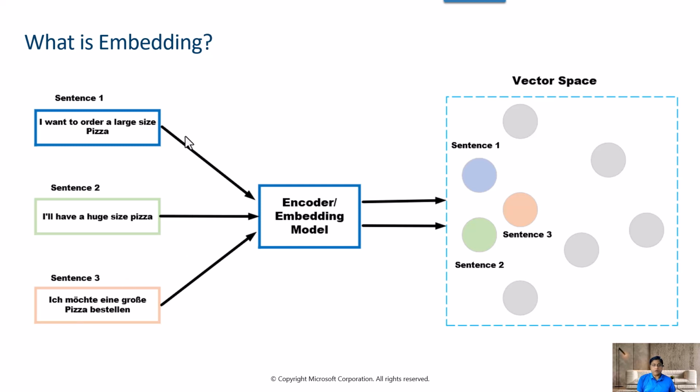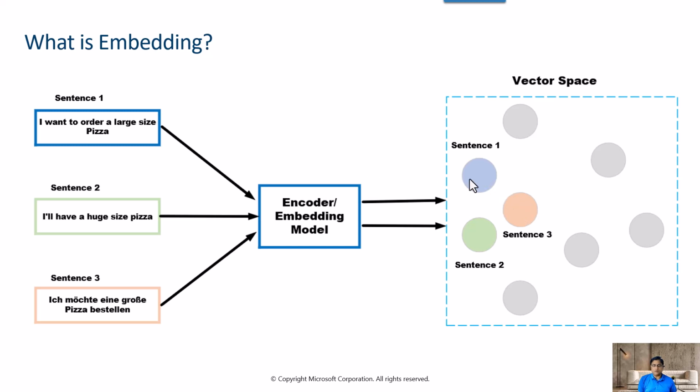Then I want to find out the answer from this. These are the chunks, right? How do I place the data coming from these 3 sentences in a particular area in your vector space? So this is your vector space. In that vector space, I want to put these sentences in a certain space.